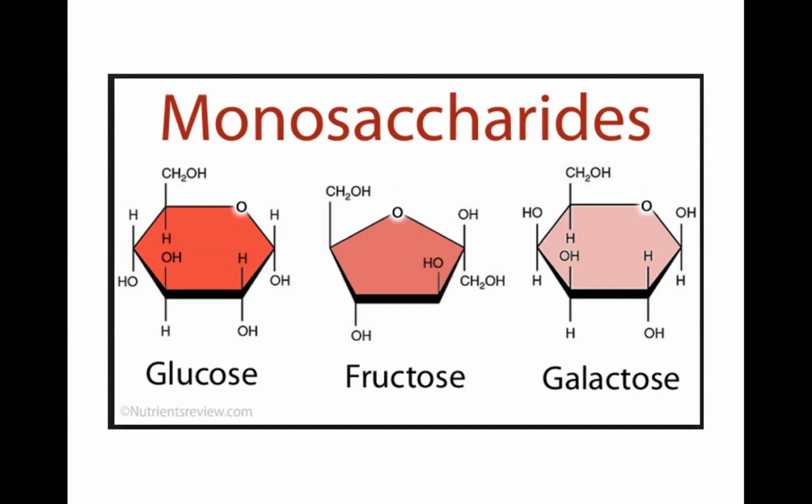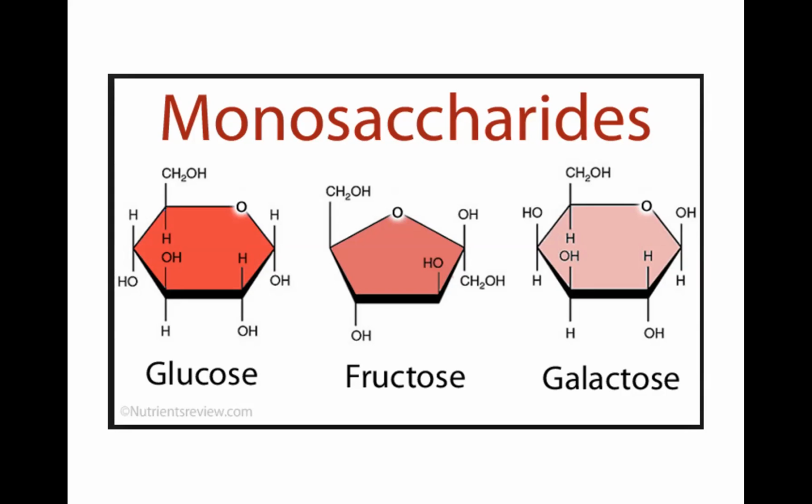Glucose, for example, you hear a lot about. Then you have some others, fructose and galactose. These are also examples of simple sugars, or monosaccharides. Jot those down. Fructose is an example of a monosaccharide. One sugar, a simple sugar.